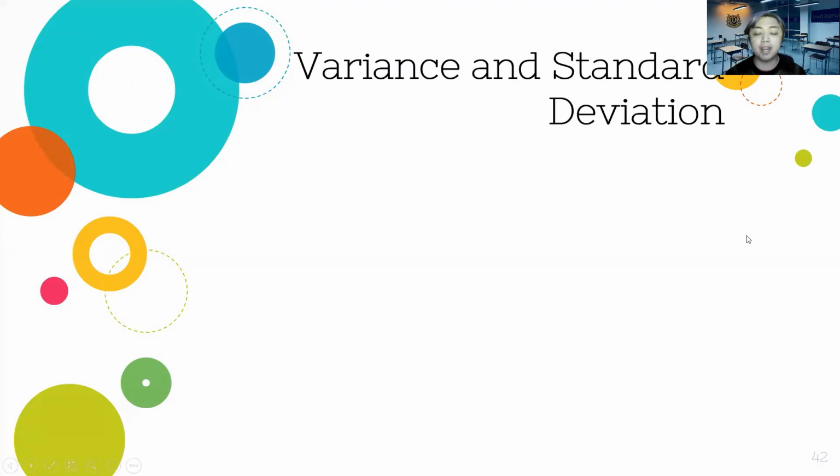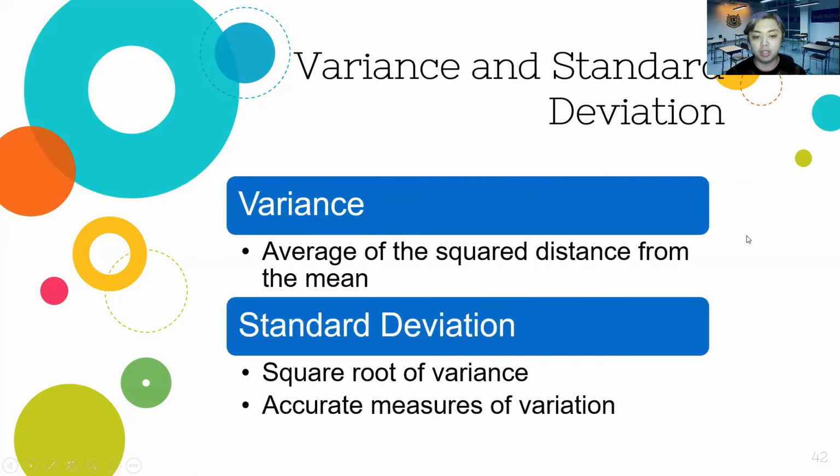And we have variance and standard deviation. So variance is the average of the squared distance from the mean. And standard deviation is the square root of the variance. So kung square distance from the mean yung variance, standard deviation is the distance from the mean.